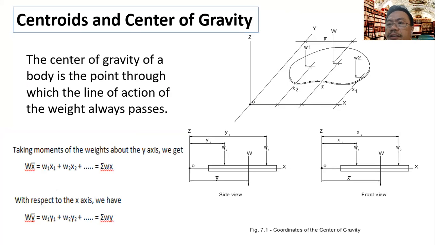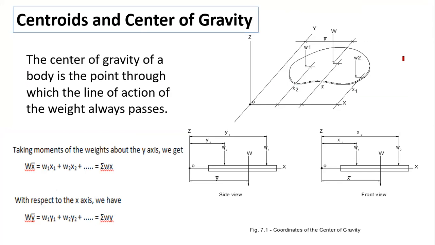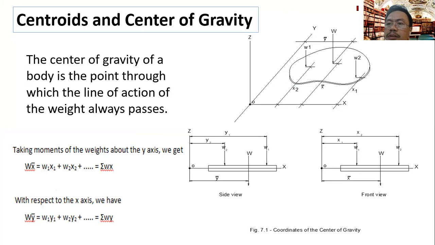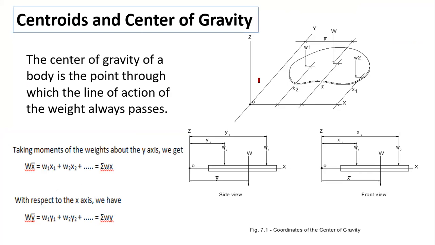So as you can see here in the drawing, this is how we come up with the computation of the centroid. For example, here we have a certain area or a certain body.